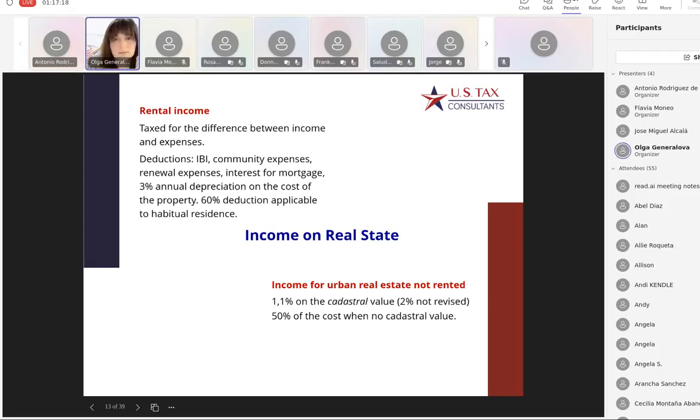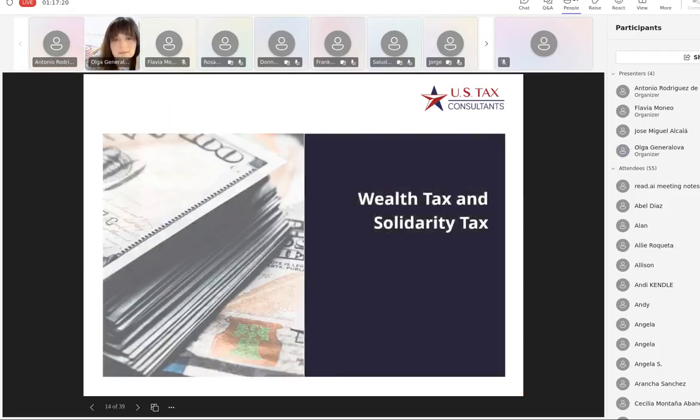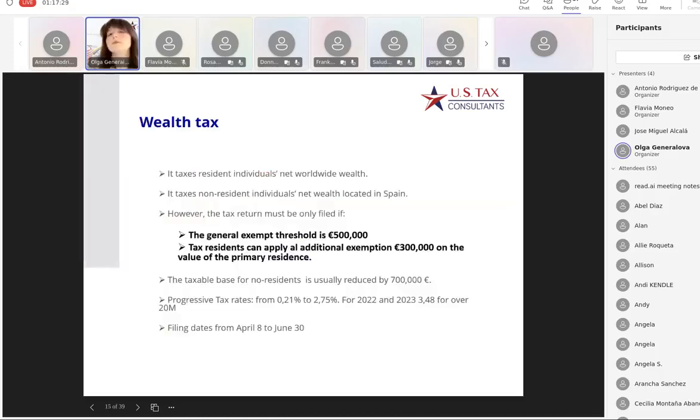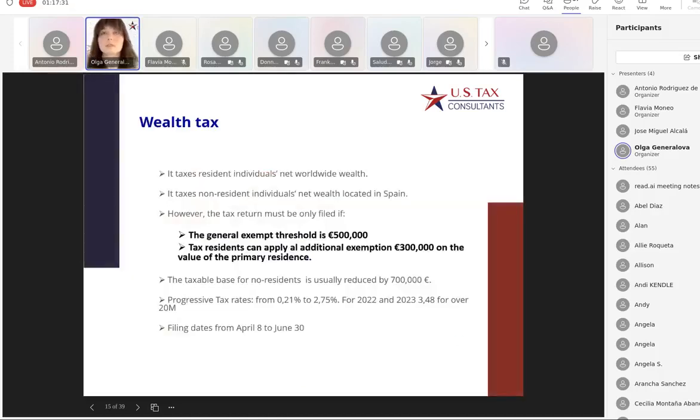Next one. So here we pass to wealth tax, which is another fiscal obligation in Spain for fiscal residents. The filing period for the wealth tax is the same as for the Spanish tax return, from the beginning of April until the end of June 30th.